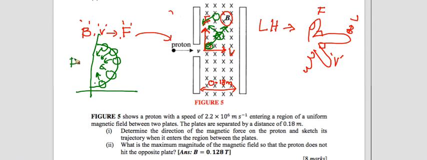This is the centripetal force F_c equal to mv squared divided by r, where r is the radius.